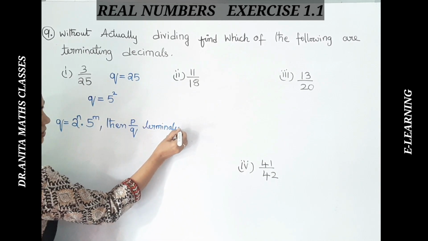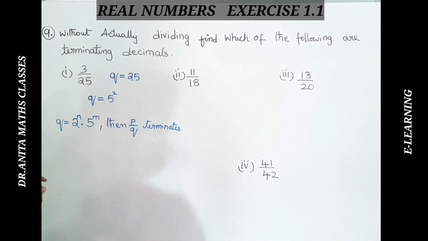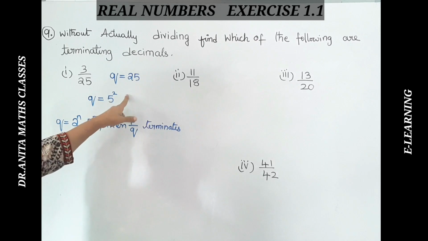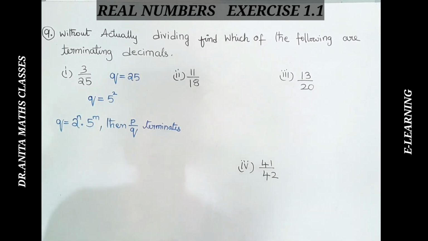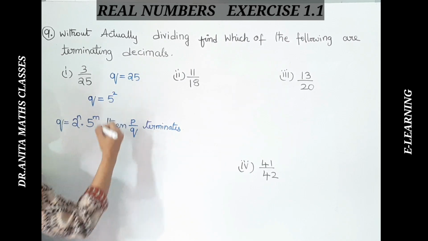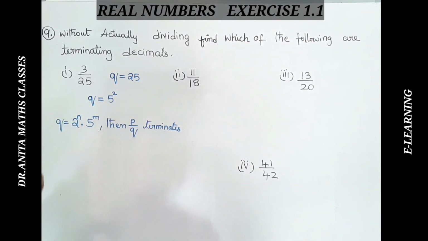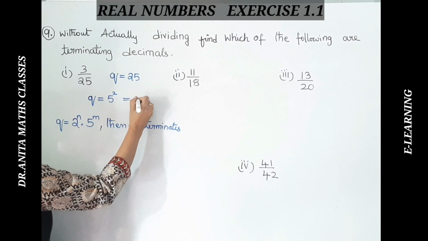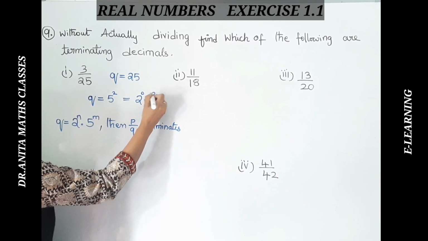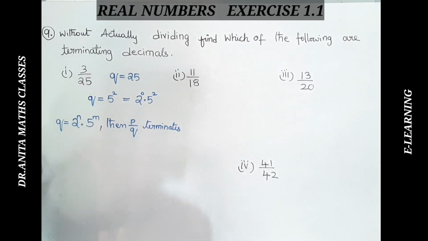That means the decimal expansion of p by q will terminate. It will be a terminating decimal. But here we see we have only 5 raised to the power of 2, that means we don't have 2 raised to the power of n. I can write this as 2 raised to the power of 0 multiplied by 5 raised to the power of 2, where 2 raised to the power of 0 is nothing but 1.